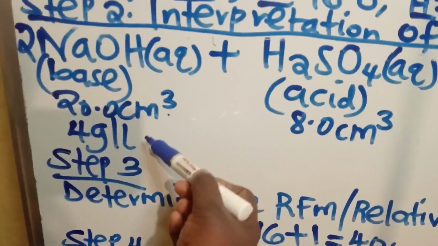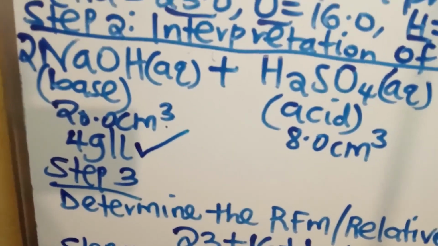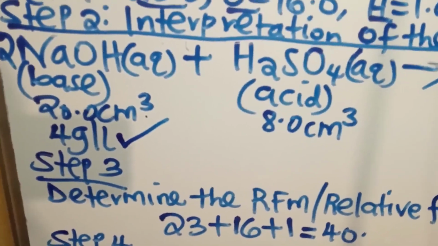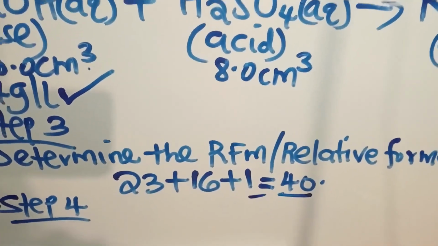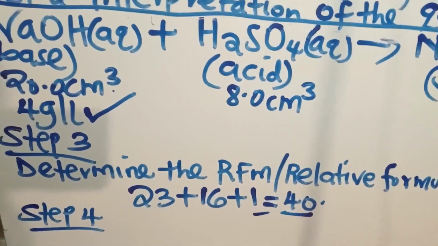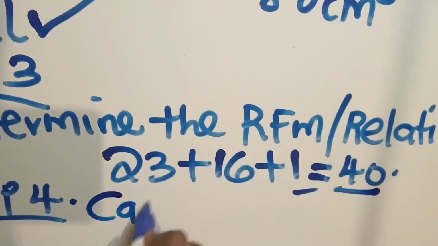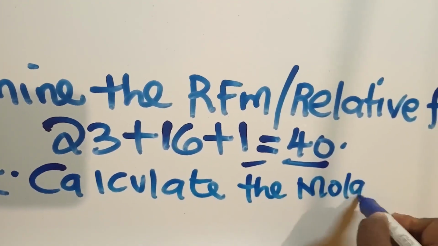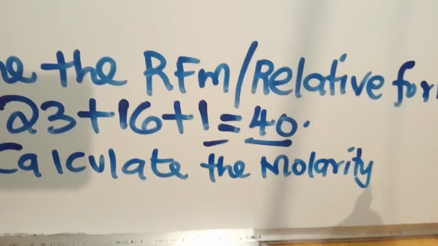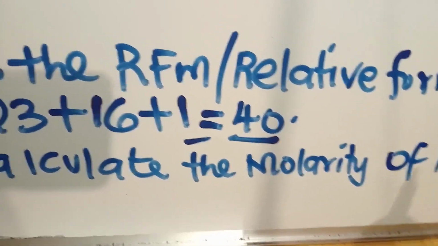In step 4, from the information that you have been provided with here, we can begin by using the gram per liter. And the gram per liter, and having got the RFM, we are now able to calculate the molarity of sodium hydroxide. So step 4, calculate the molarity. Those are the moles per liter of sodium hydroxide.